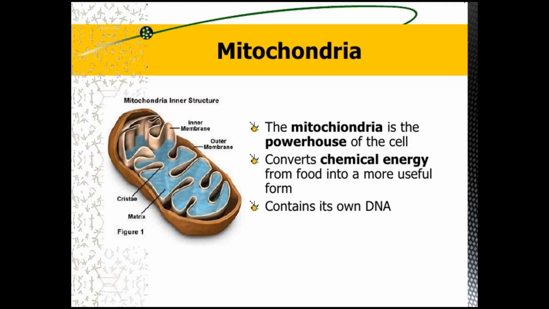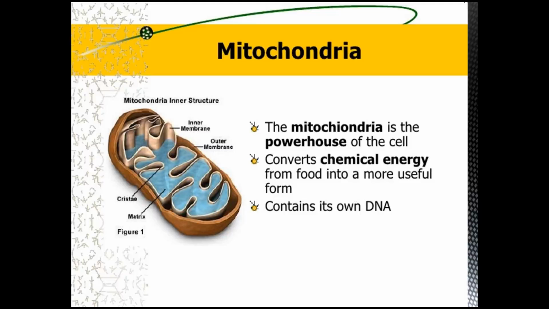Mitochondria are organelles within the eukaryotic cell that produce adenosine triphosphate. Mitochondria produce ATP, adenosine triphosphate, which forms the energy currency of the cell.